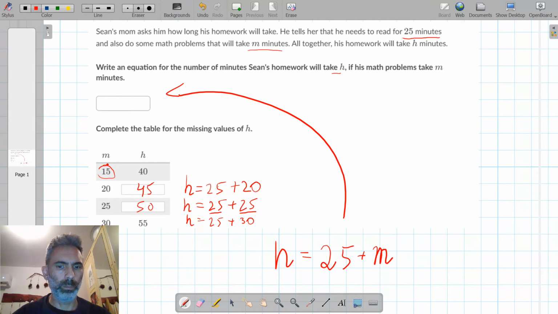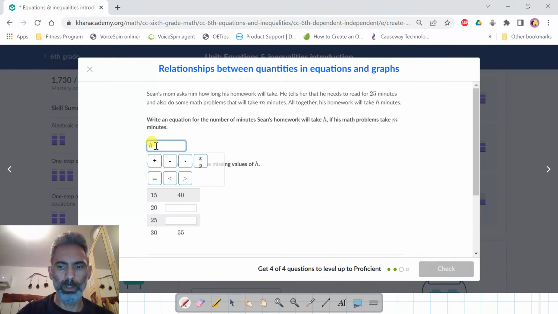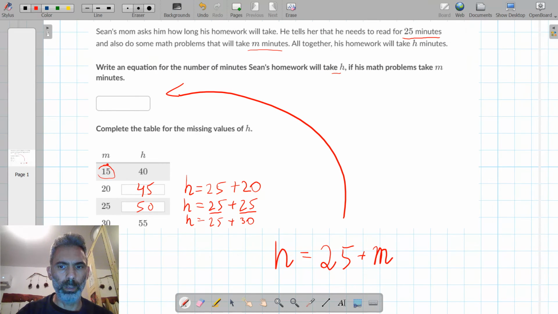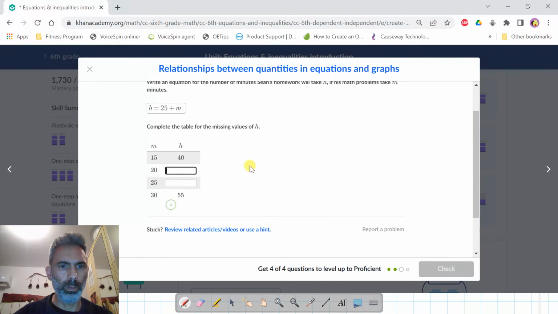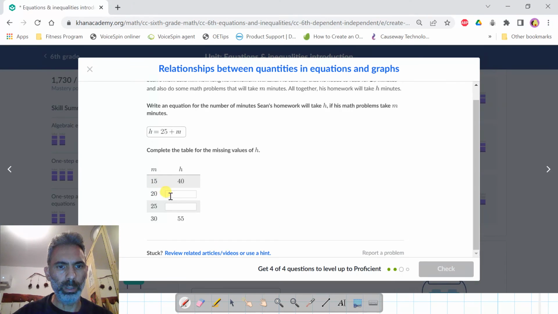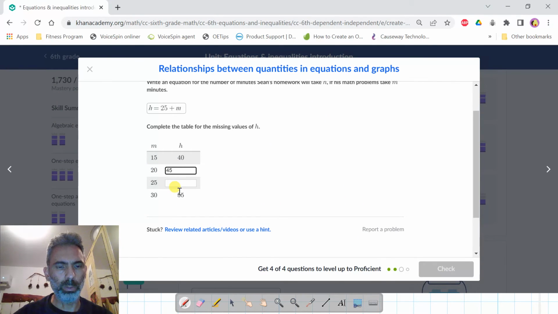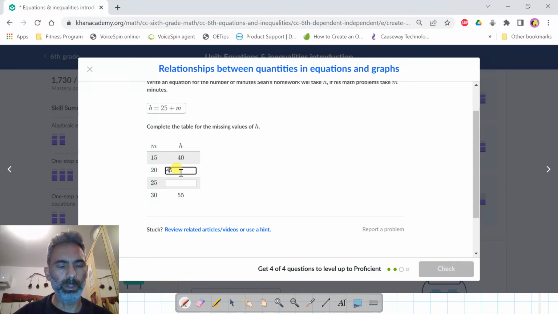So the equation is h equals 25 plus m. If he spends 20 minutes solving math problems, the total number of minutes he spends on his homework is 45.